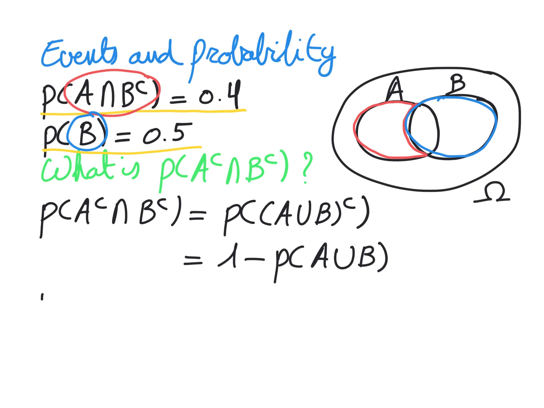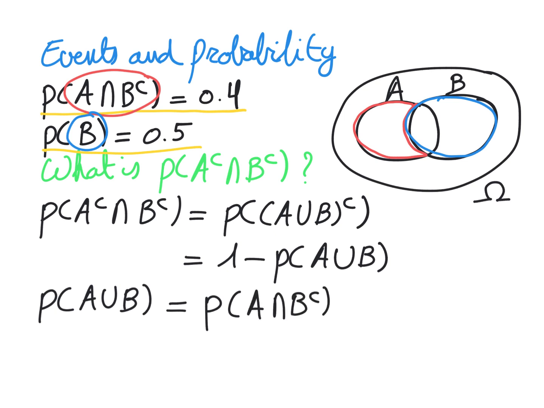And actually here, we do kind of use the sum rule, only in this case, since the red event and the blue event do not have an intersection, we can just say that the probability of A union B is equal to the probability of A intersection B complement plus the probability of B. And so in this case, there is no third term.